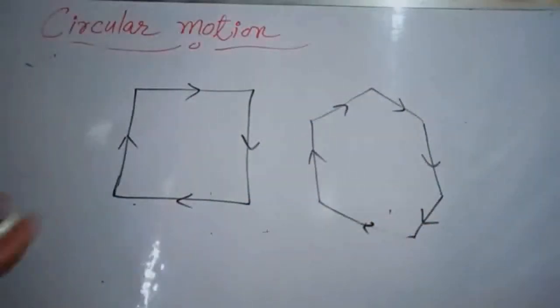And similarly, if it's octagonal shaped, having 8 sides, the athlete will change his direction 8 times.